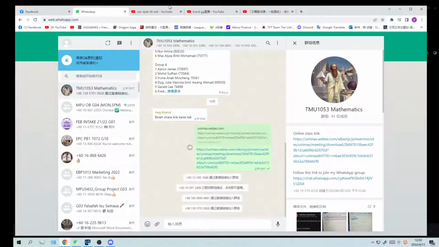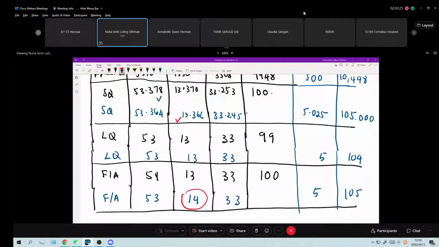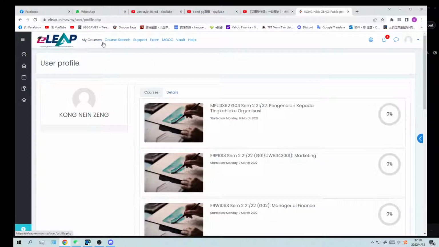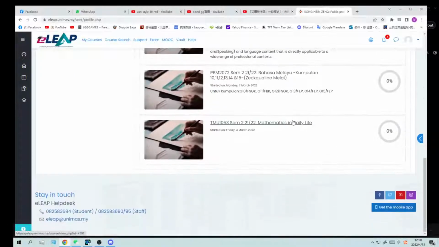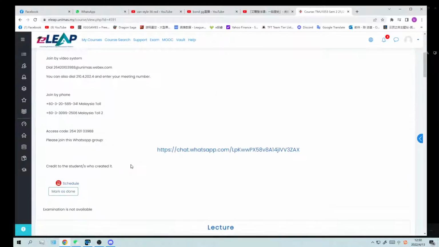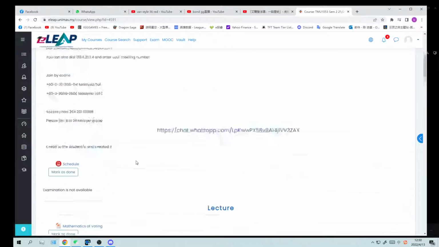Each of you needs to find 5 members in your group, and then put your name in ellipse.